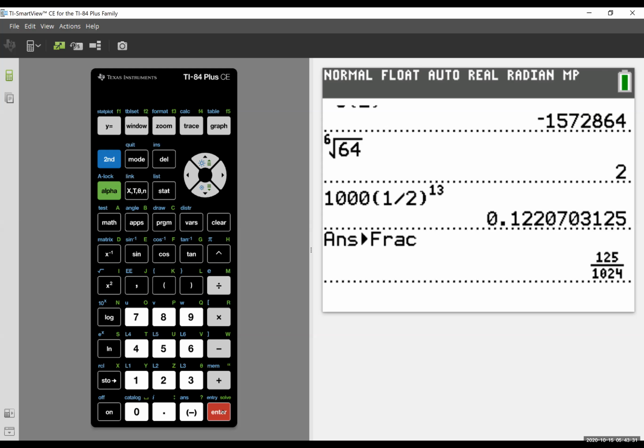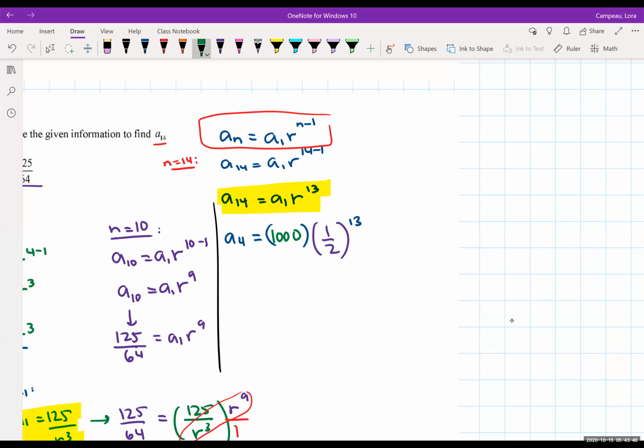Well, maybe not nice in your eyes, but it actually ended up being able to be turned into a fraction. So we finally have what a sub 14 is equal to. a sub 14, the exact value, is 125 over 1024.